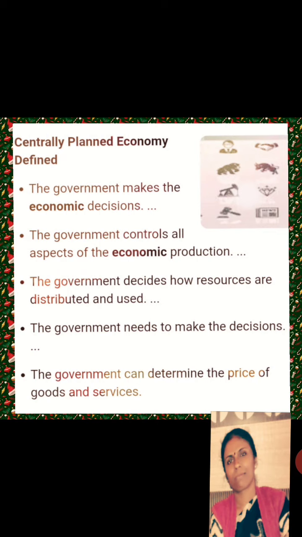And in a country like India, labor intensive technology is used because more labor force is available. And in countries like America and Australia, that is, western countries of the world, capital intensive technology is used because more capital is there.